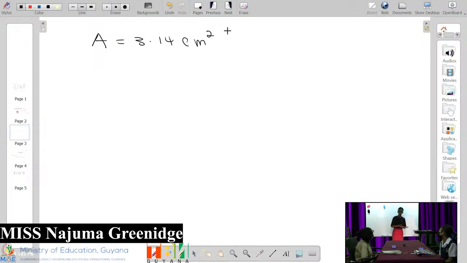If it's given in meters, it would be square meters. If it's given in centimeters, it would be square centimeters. Good. So to 1 decimal place, the area would be 3.1 cm square. Make sense? Great.